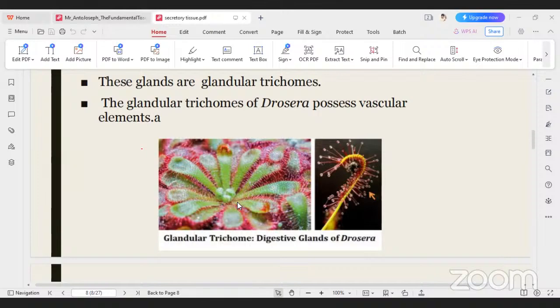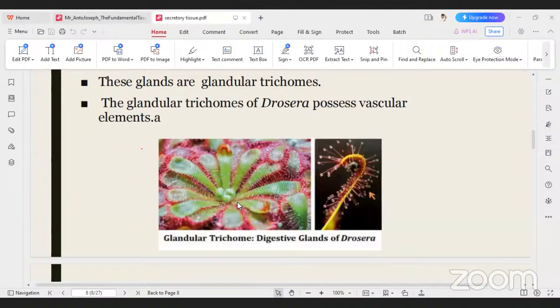Now I would like to ask a simple question: are insectivorous plants autotrophs or heterotrophs? Heterotroph, sir. What is a heterotroph? What is an autotroph? Autotrophs can prepare their own food.